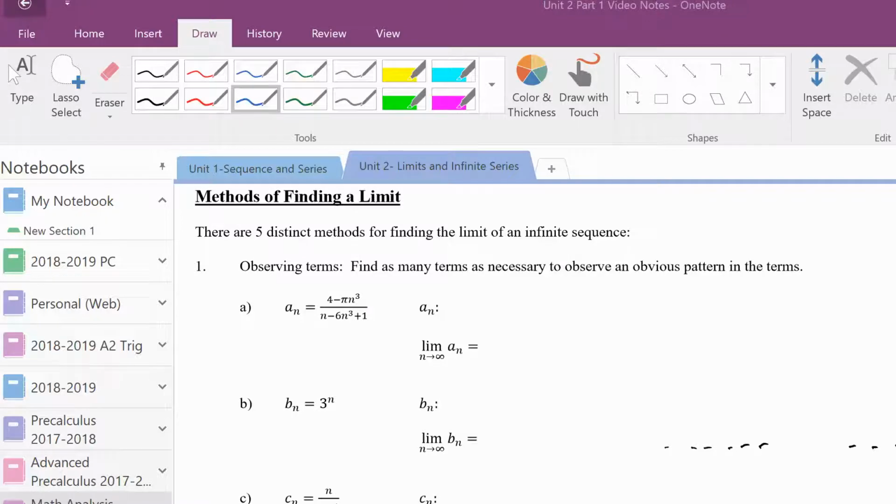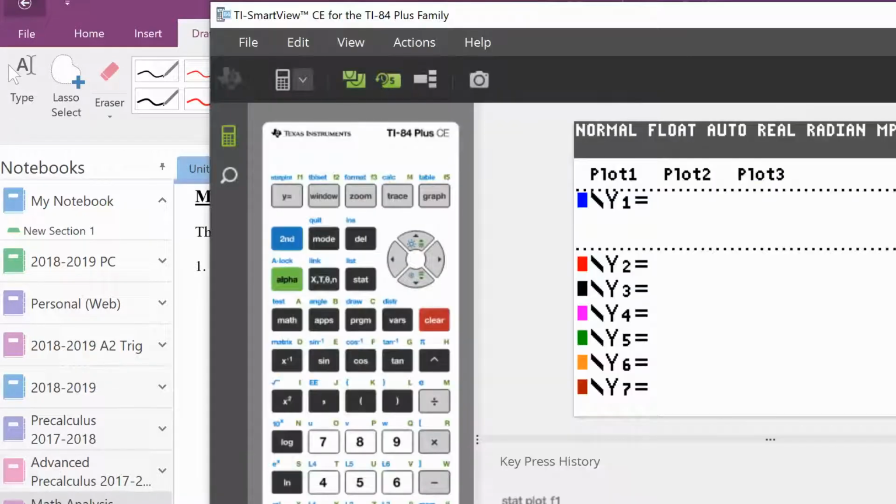To help yourself, you might want to use your calculator. The function was a fraction, so hit y equals, and we're going to put parentheses.